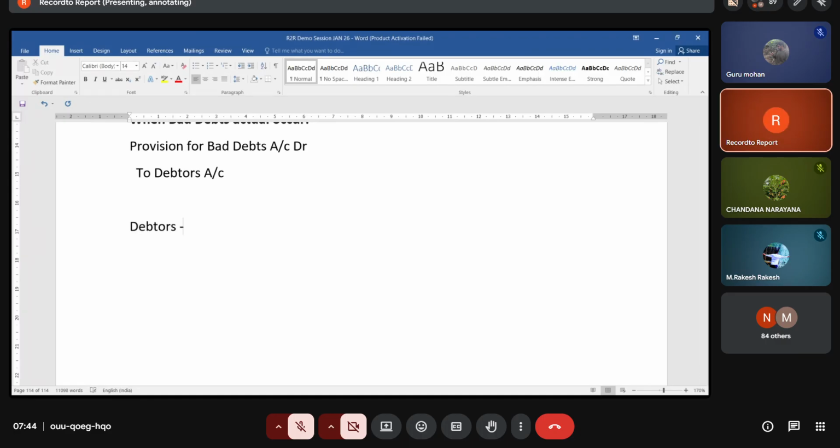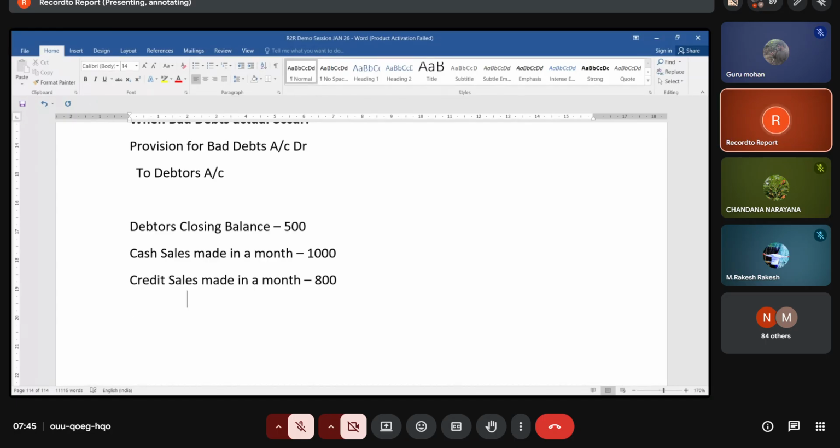So the debtors' closing balance is 500, and cash sales made in a month are 1,000 rupees, and credit sales made in the month are 800. The amount received from customers for credit sales is 400.